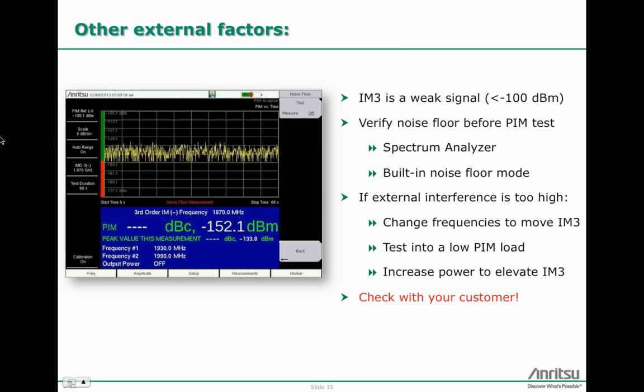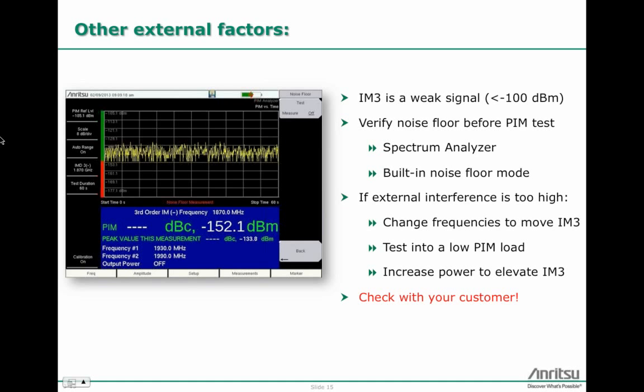Another external factor is external interference. The signal that we're trying to measure is generally a very weak signal. Typically IM3 levels in outdoor systems that we test are going to be verified down to a level of around minus 100 dBm. Now, the IM3 signals that we are measuring are not only within the receive band of the test instrument, but they're also in the same spectrum that the mobiles are using to transmit to communicate to the base station.